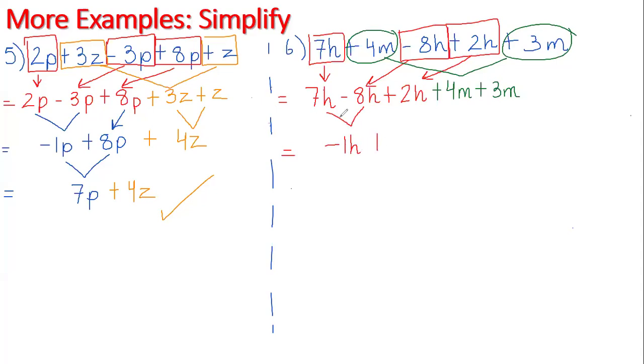Plus, because we subtract, we take the sign of the bigger number, 2H. Very good. Plus 7M. We add these two, and it's going to be 7M. Good.